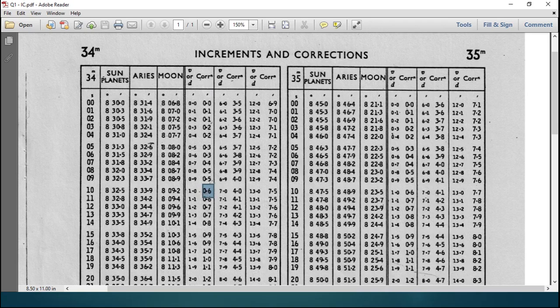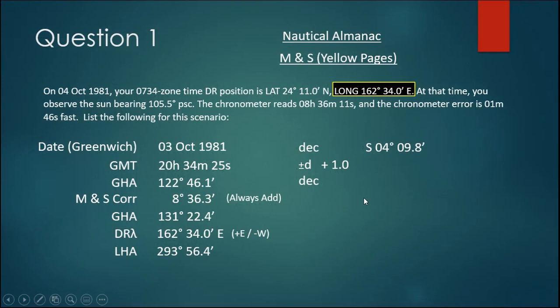So the daily pages gives us a 1.0, so we bring it to the increments and corrections and we get a 0.6. So we apply that to the declination. So 4 degrees 09.8 minutes plus 0.6 minutes gives us a declination of south 4 degrees 10.4 minutes.